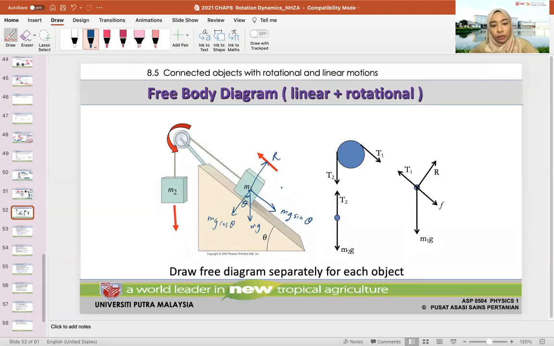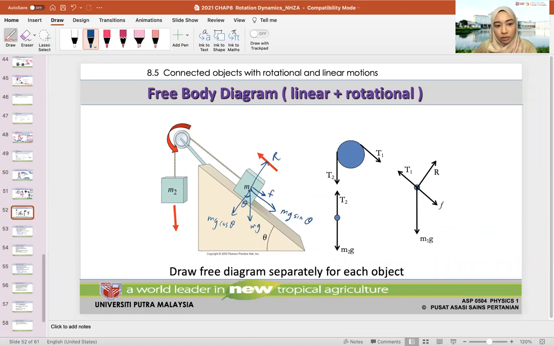And then this guy is moving this way. That's weird. So this friction is going to be this way. Okay. It already gave you this arrow indicating its motion. So it's going to the left.